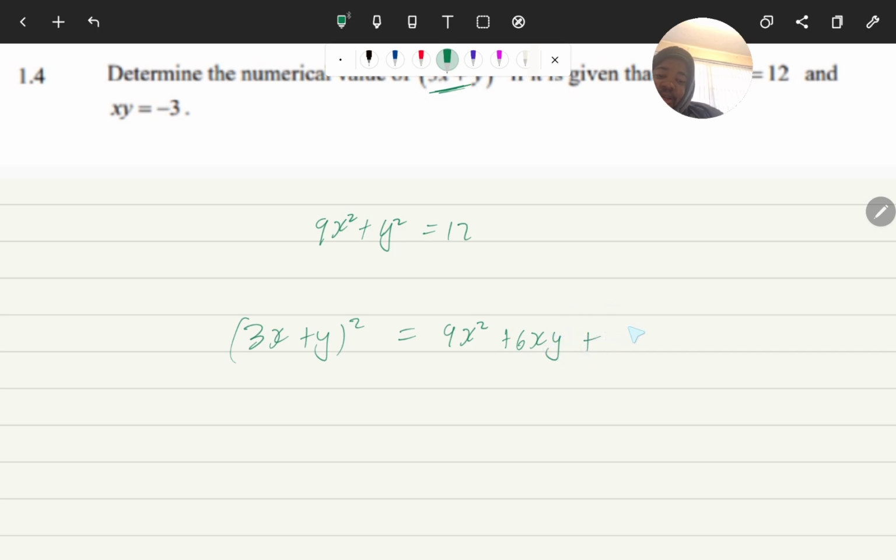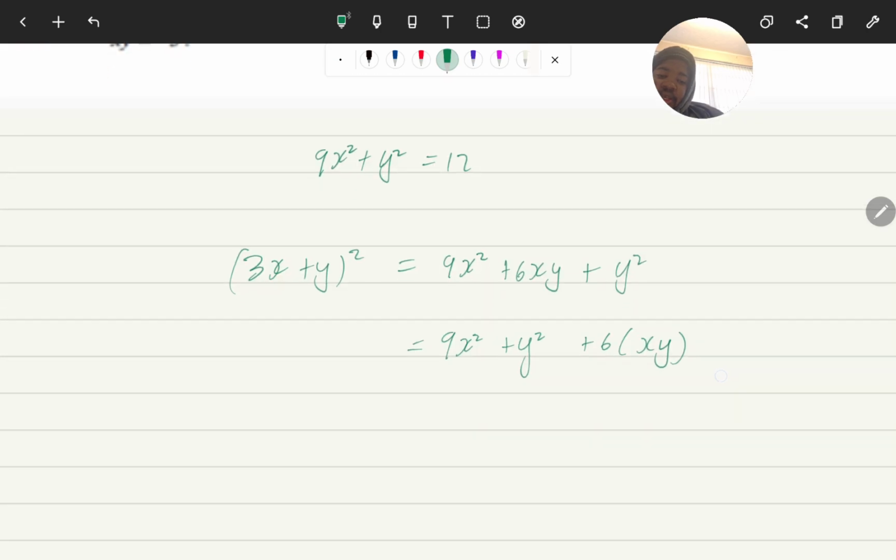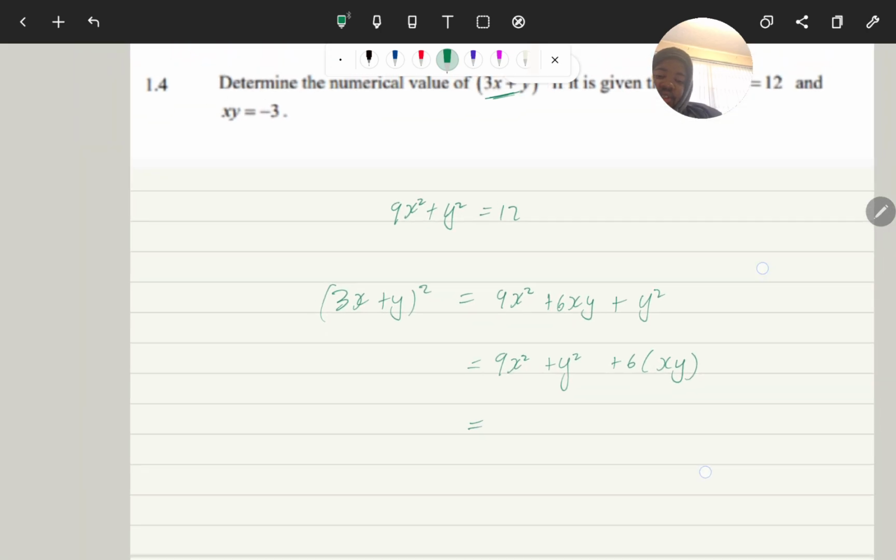Then you have plus y squared, right? Then you have 9x squared plus y squared. Then let me say plus 6 into xy, right? So here, this is where I'm doing the substitution.